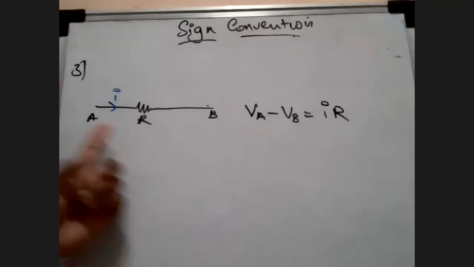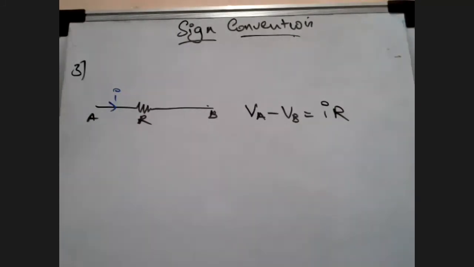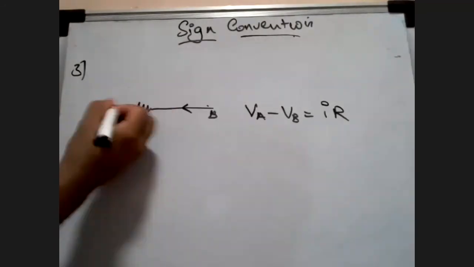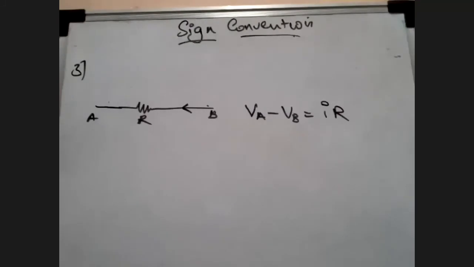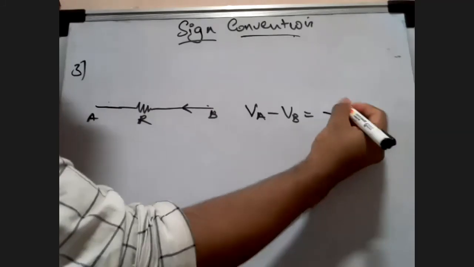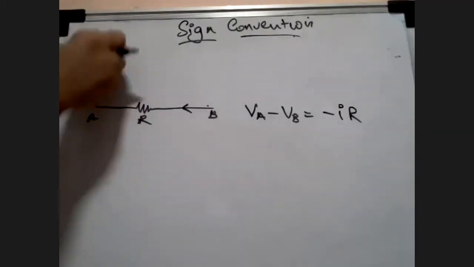So VA minus VB equals IR. If I switch the current to the other direction, VA minus VB will be minus IR. So that would be the fourth convention.